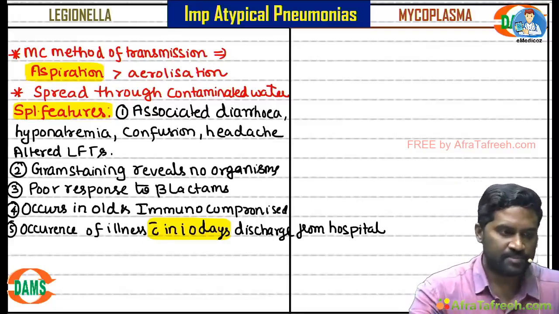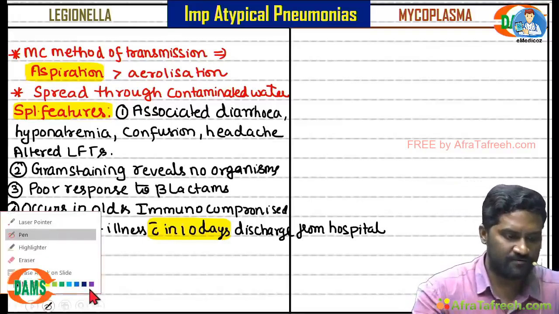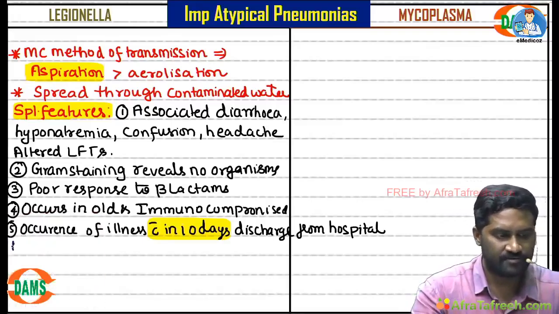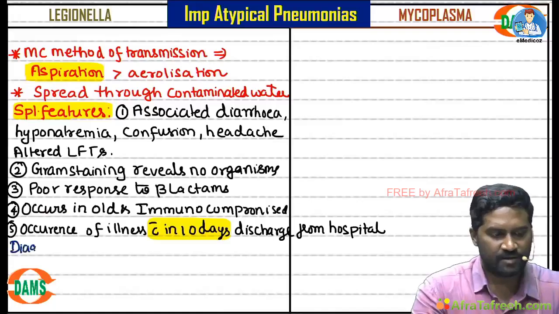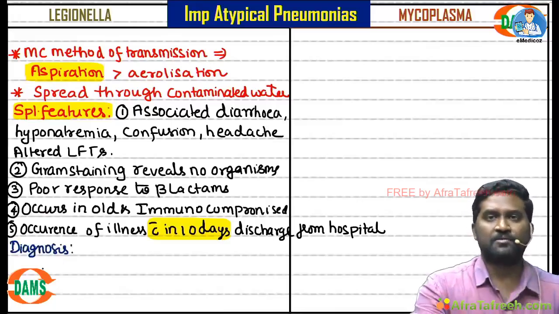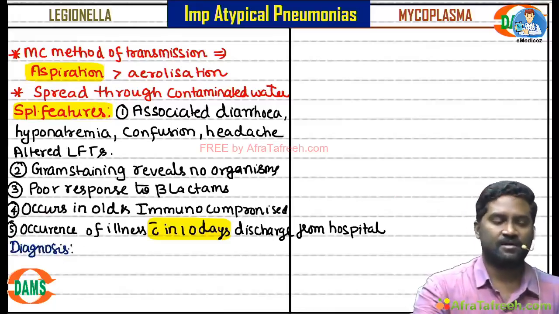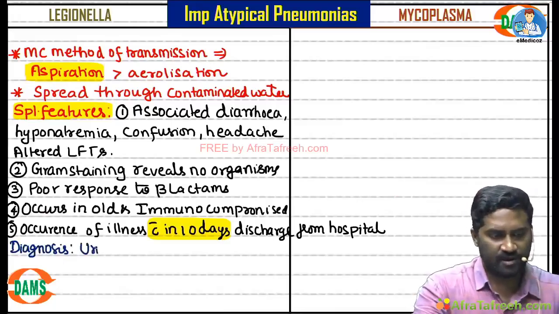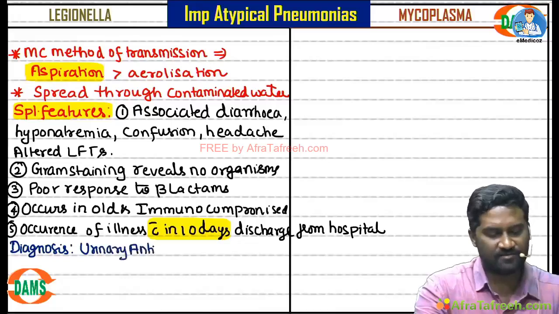Now coming to diagnosis of Legionella. This is an atypical pneumonia. Generally gram staining is difficult, and also culture results will be delayed. So for diagnosis, we have a urinary antigen test for Legionella.